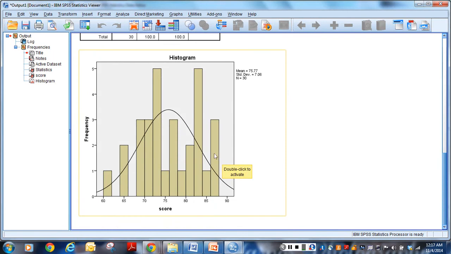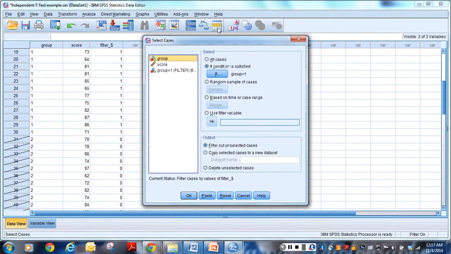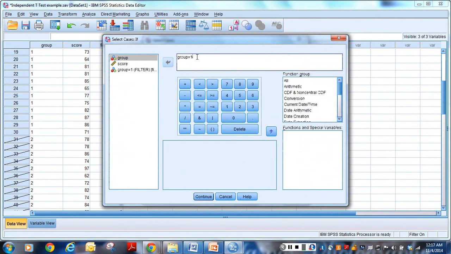So we have a histogram for our first group, and now we want to run a histogram with a normal curve for our second group. So let's go back here. Again, we can go to select cases, and we're going to change it. Instead of group equals 1, we're going to say group equals 2.